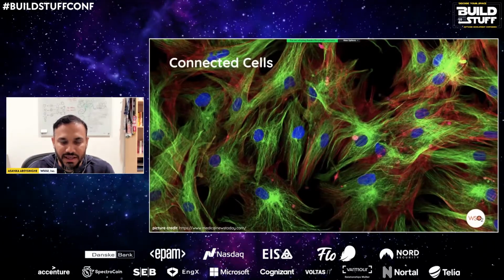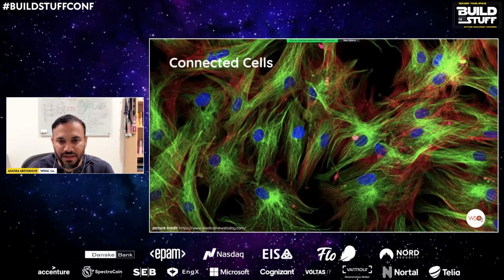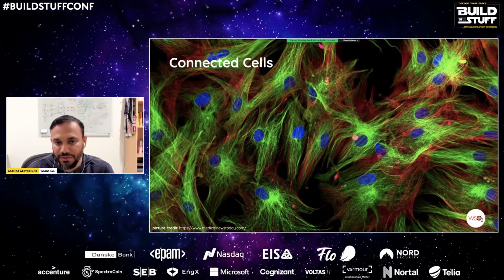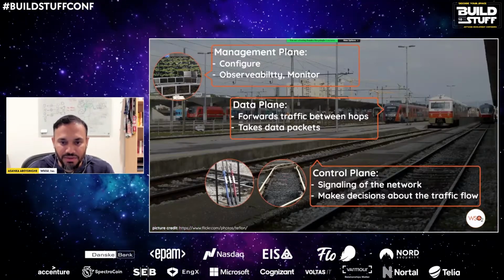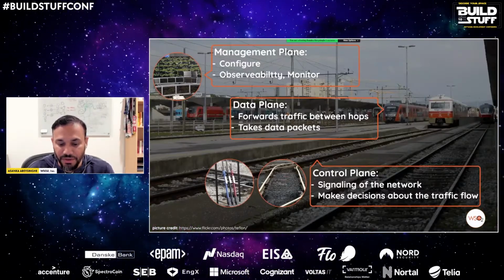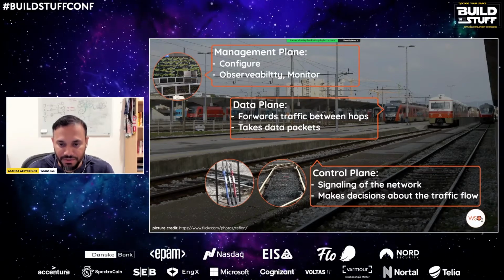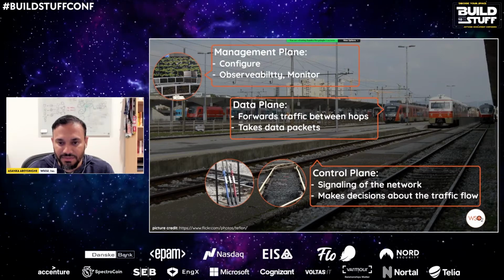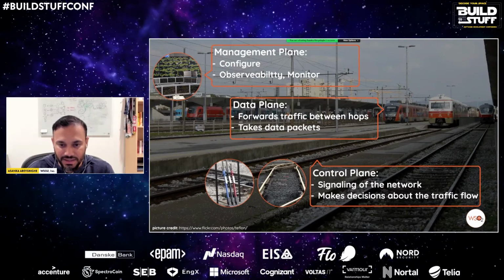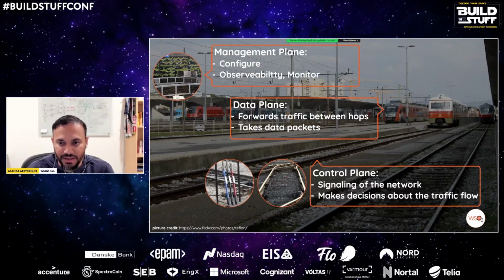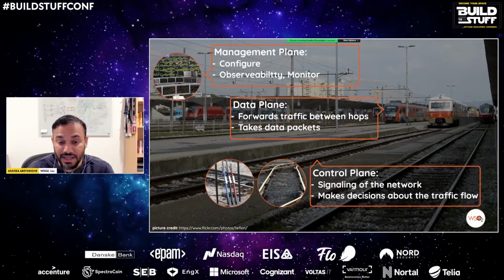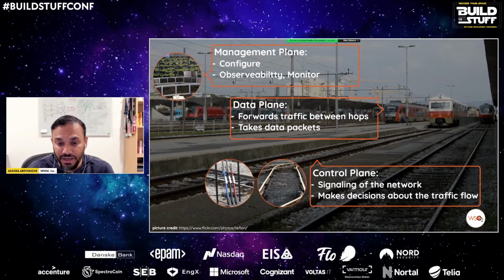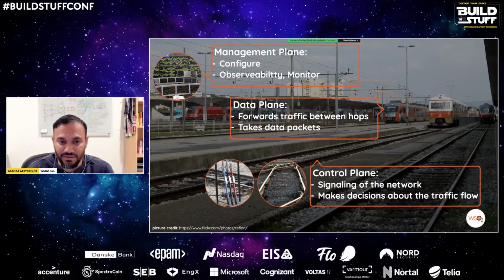And a cell requires connectivity, because connectivity is the core of a distributed architecture. So I'm using this concept of a control plane, data plane, and a management plane. My best example to explain this concept in detail is a rail system. In a rail system, the rails can be treated as the control plane that carries the signal of the network.